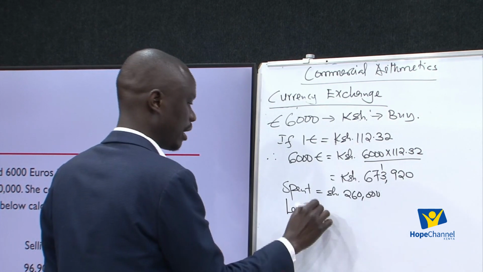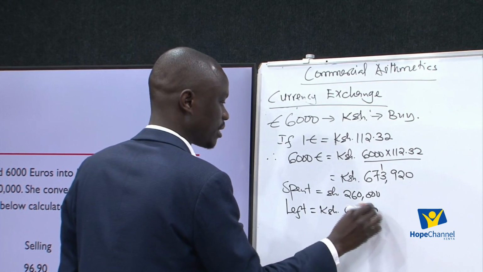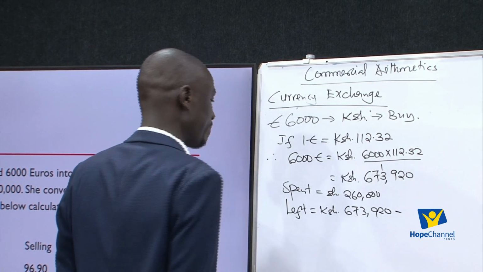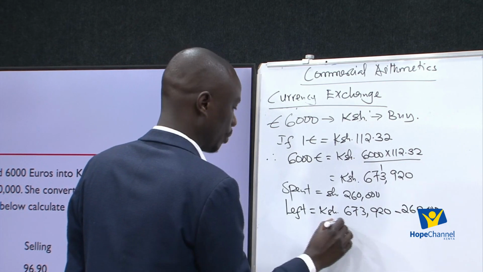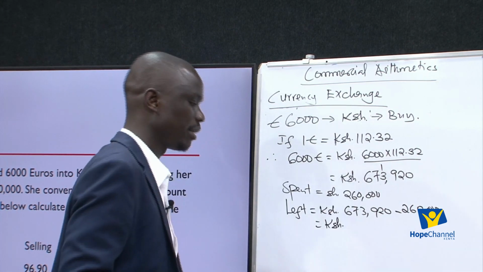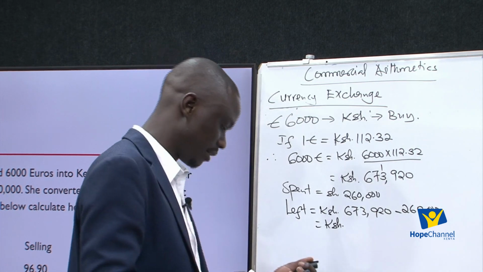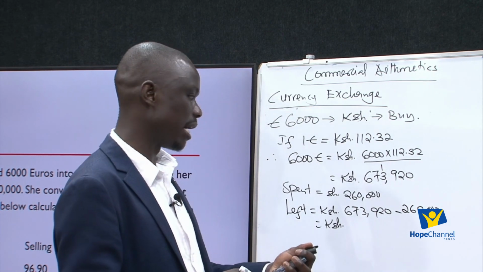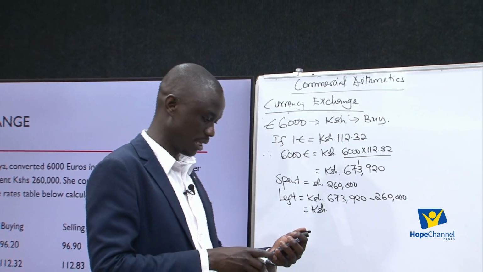Because she had 673,920 and spent 260,000, we look at what is remaining. So this is what she was left with in terms of Kenya shillings. So 673,920 minus 260,000.